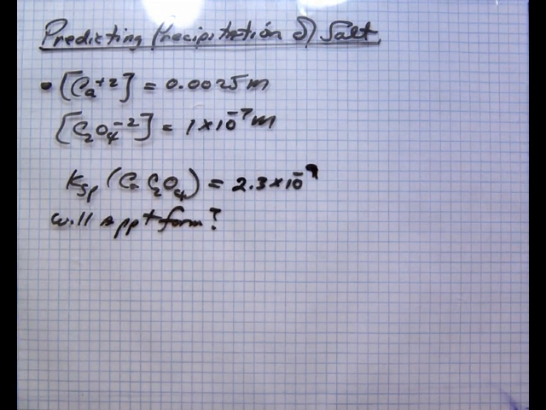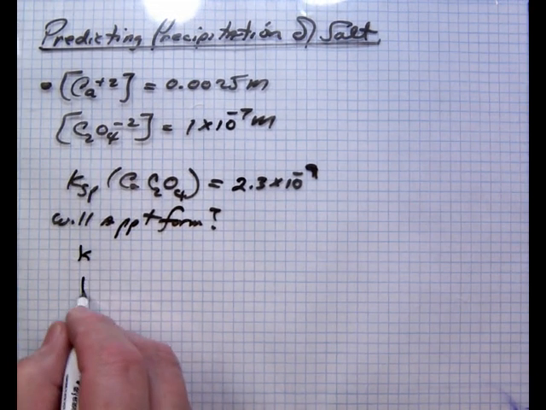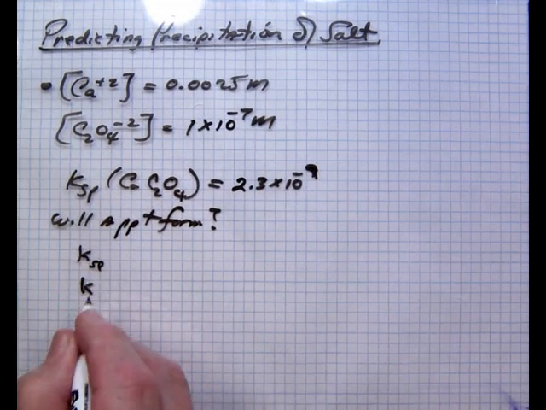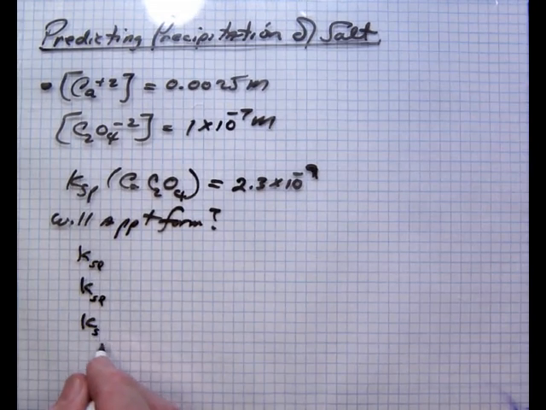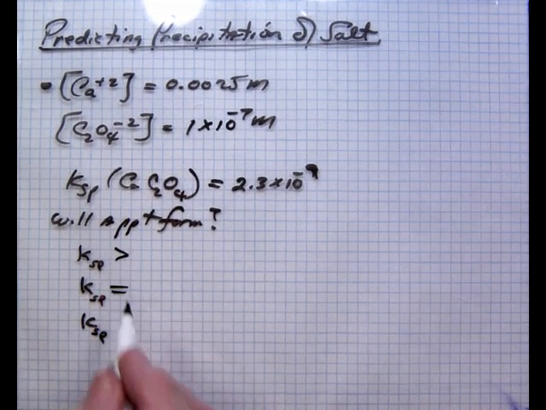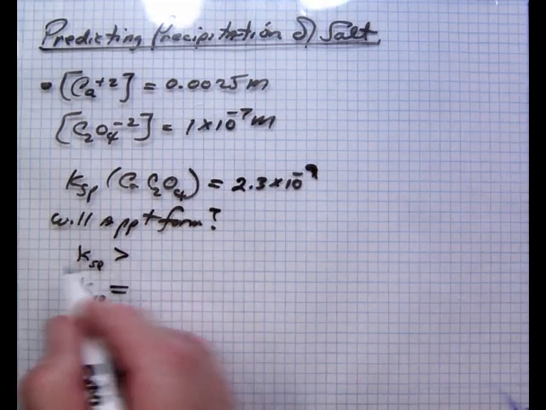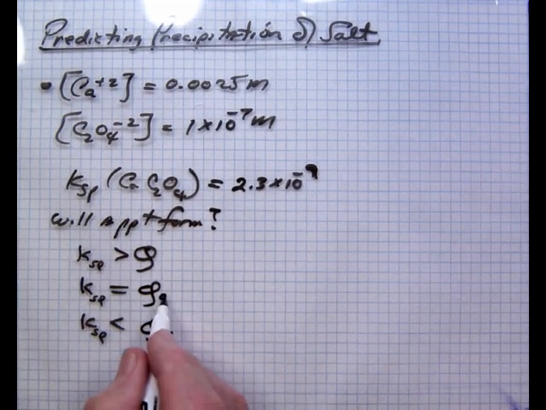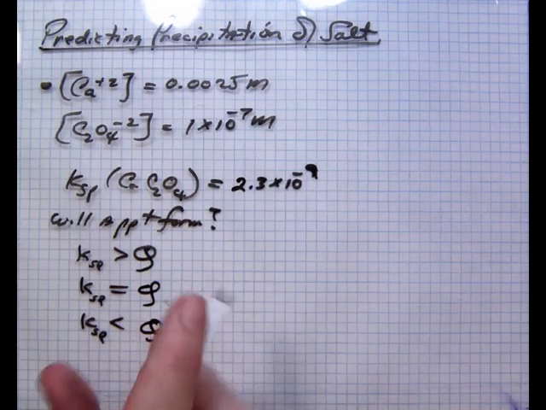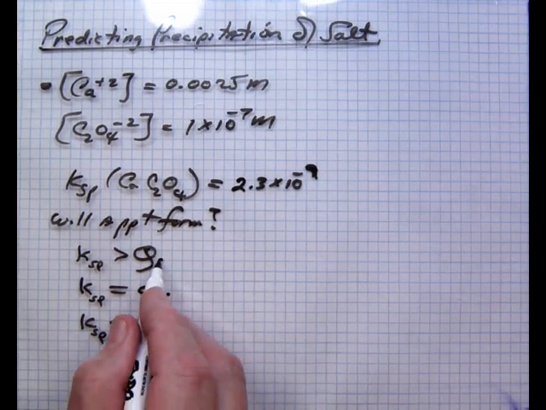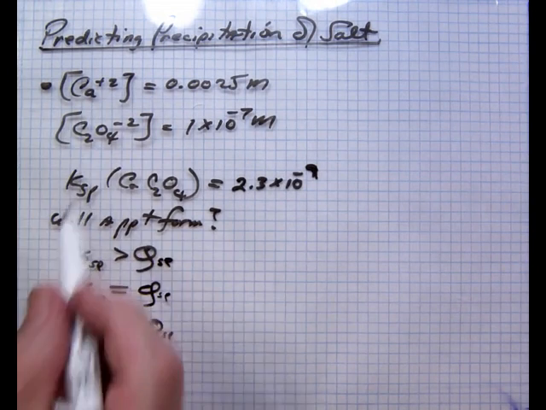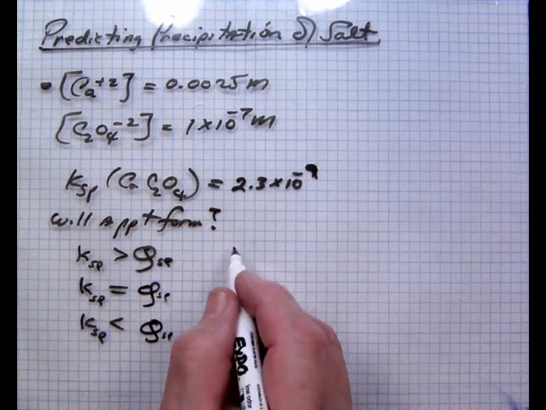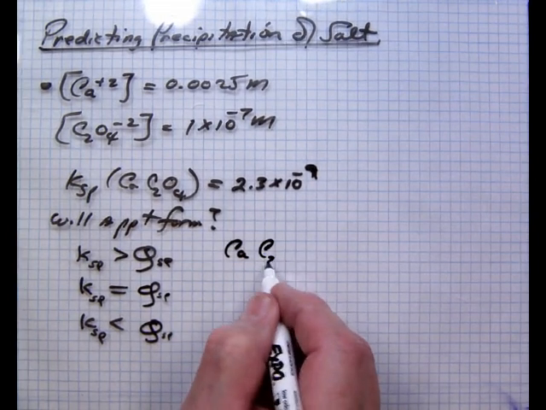I told you, always list your K values first. And in this case, instead of Kc's, you're going to get Ksp's. And it's going to be greater than, equal to, or less than a Q value. Now, you can call them Qsp's if you want to.